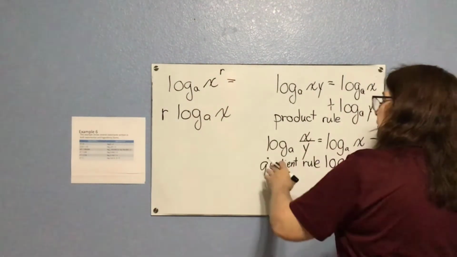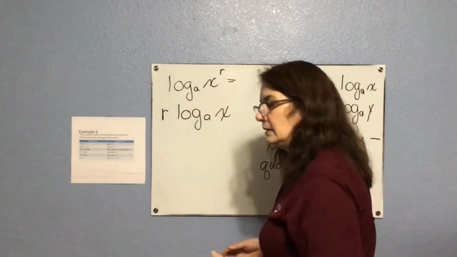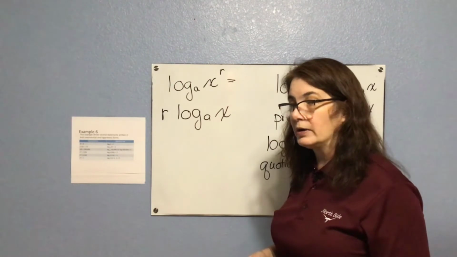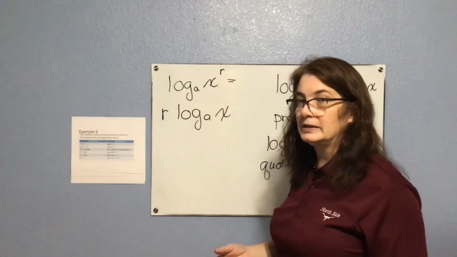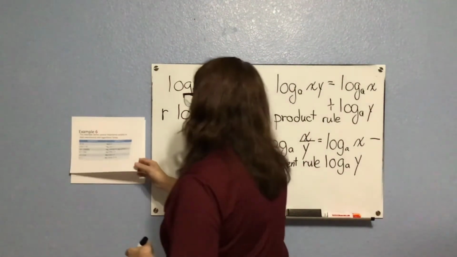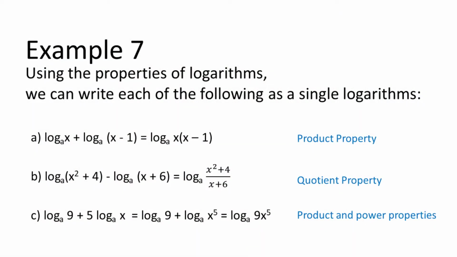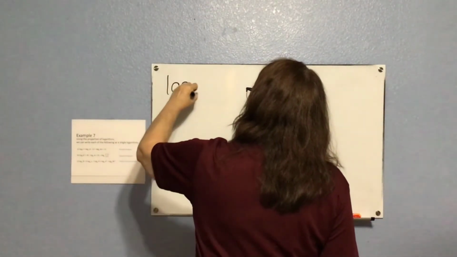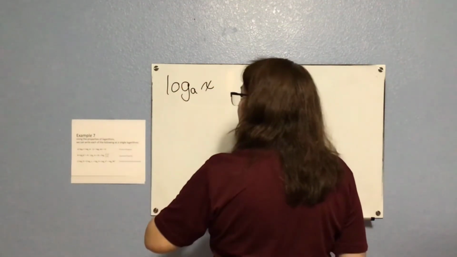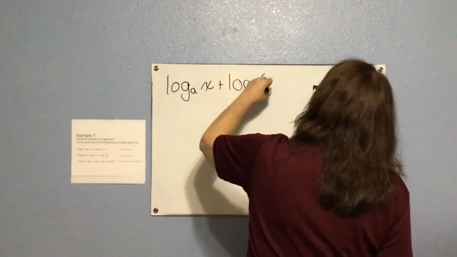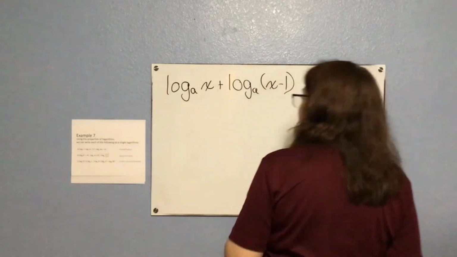One of the things we use these properties for is to rewrite logarithms as a single logarithm, or sometimes we want to split a logarithm apart. Maybe there's one part that's easy to solve, and we want to isolate the part that's not so easy to solve. So let's look at some examples. Let's say I have log base A of x plus log base A of x minus 1.